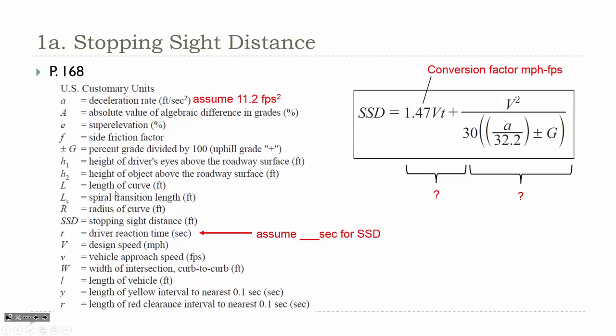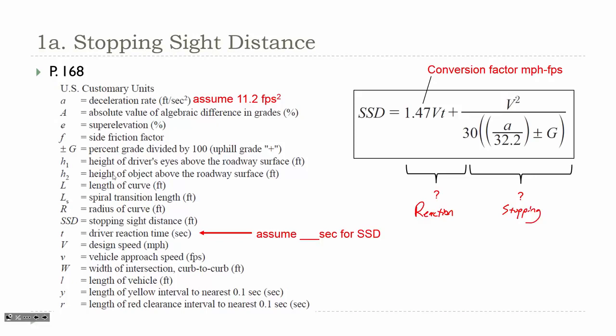If you remember in 342, we had two different versions of this equation. I referred to one of them as the old method. This is the newer, the FE method, where you don't explicitly see that friction factor in there. Looking at the components, you have 1.47 times VT, so that first term is the reaction distance. And then the second term is the braking distance.